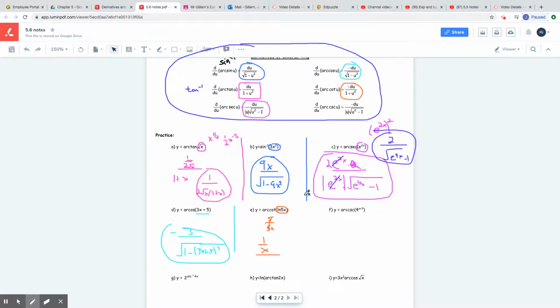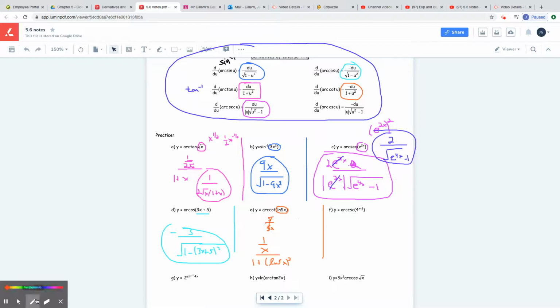Over 1 plus u squared. So the natural log of 5x, we just need to square that. We're just going to put a square. That's it. Now, the only thing that we can do here is I don't want a complex fraction. So we just take the x and move it to the bottom.